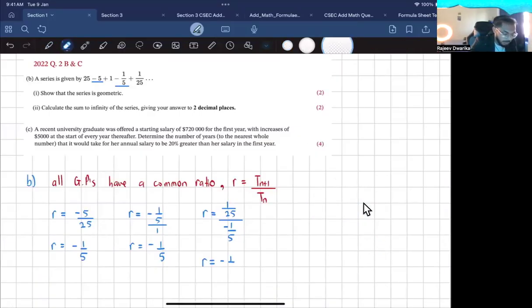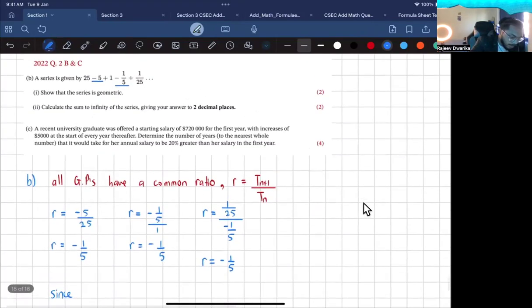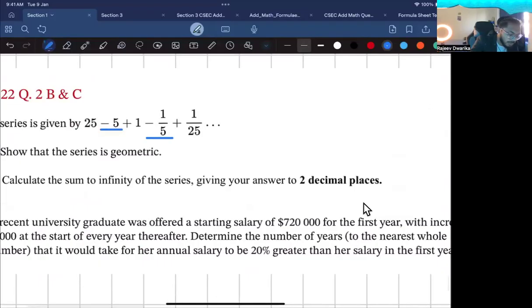Yeah, okay, it would be -1/5. And so Aliyah, is the ratio common, meaning is the ratio the same for all terms? Yeah. Right. So, is this a series or a sequence?